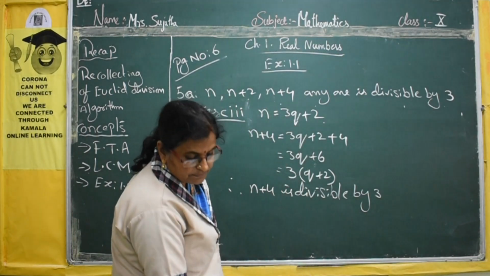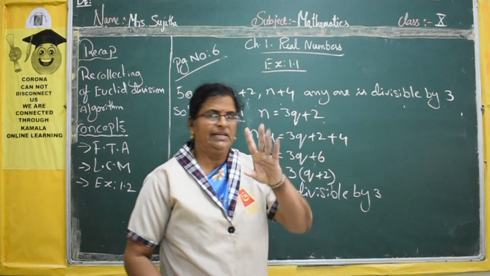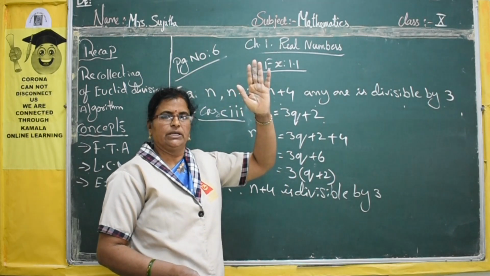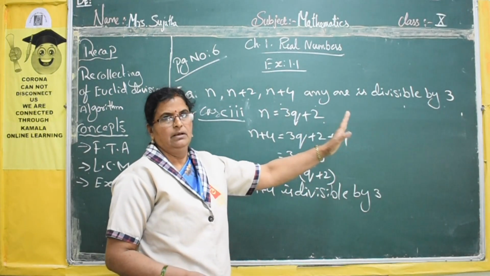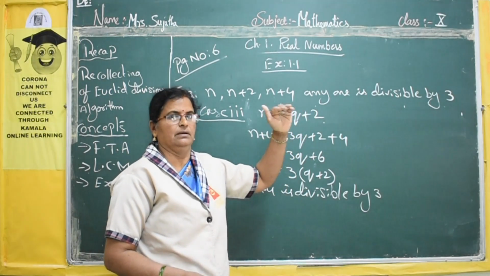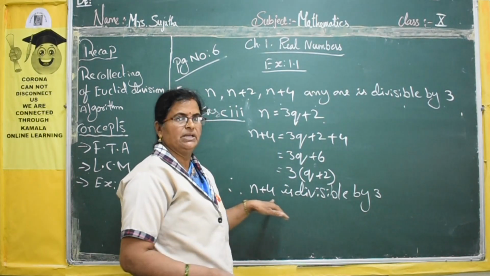So therefore what can we write? In each case only one is divisible. If we take n equal to 3q, it is divisible by 3 for only n. If you take n is equal to 3q plus 1, it is divisible for n plus 2. If n is equal to 3q plus 2, it is divisible for n plus 4.